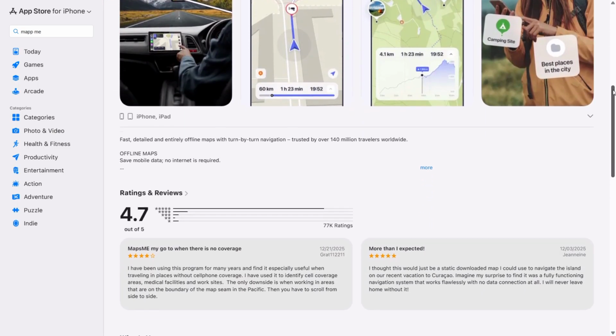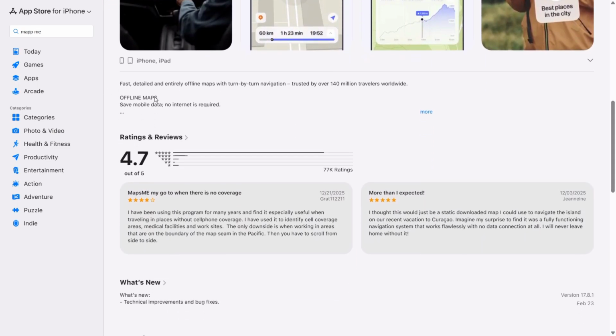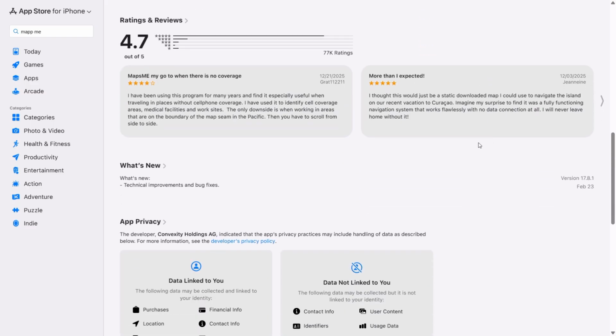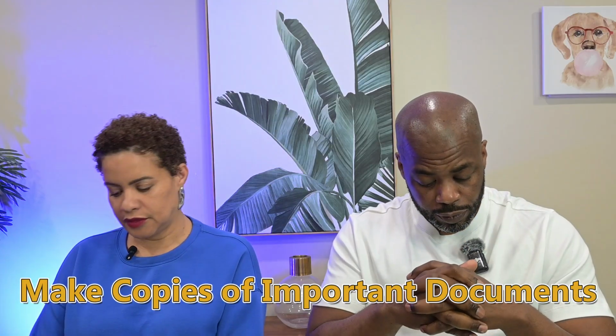I know when we went to Curacao, it was a challenge when we were going to some of the beaches, because we were driving places and we didn't know where we were. Yeah. We needed that offline map. Yes. So when you go, do a little bit of research on what maps and apps are available, and definitely download those maps on your phone so you have offline access. Yep. All right.